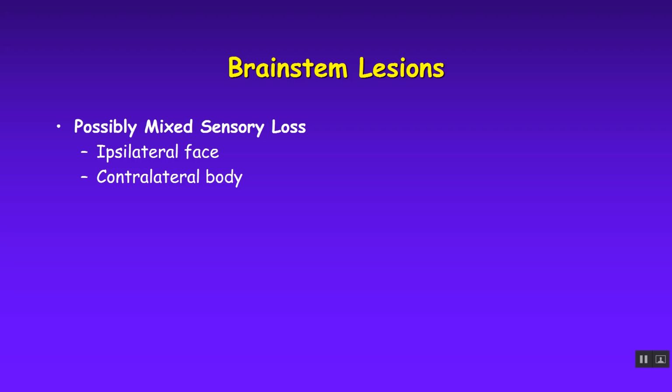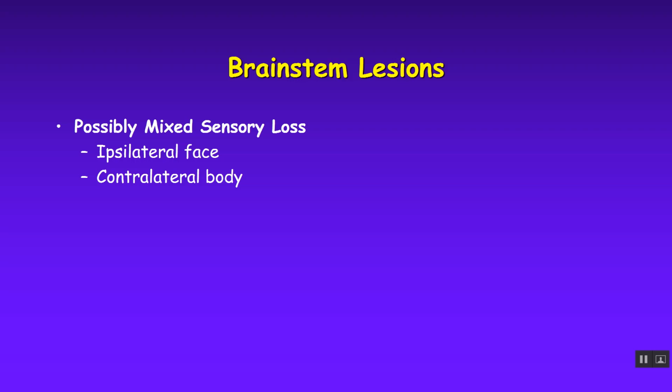But right now, just know that if you have a brainstem lesion, if somebody comes to you and they say the left side of my face is numb and the right side of my body is numb, or there's some sensory deficit in the left side of their face and the right side of their body, the only place the lesion can be is in the brainstem.